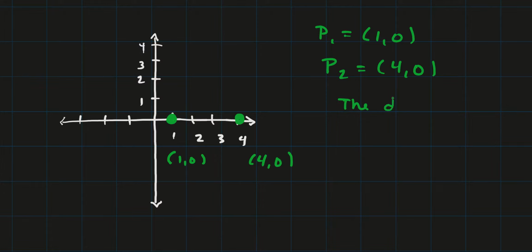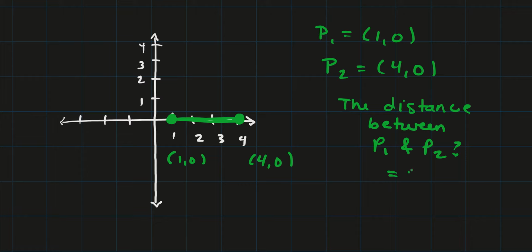Well, you're just going to see how many steps you have to take to get from this point to the other one, right? So 1, 2, 3, you have to take 3 steps. So I would say the distance is 3.